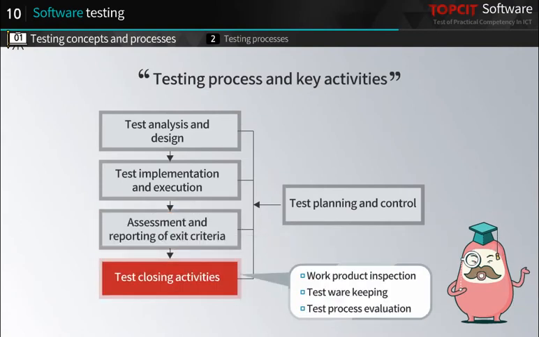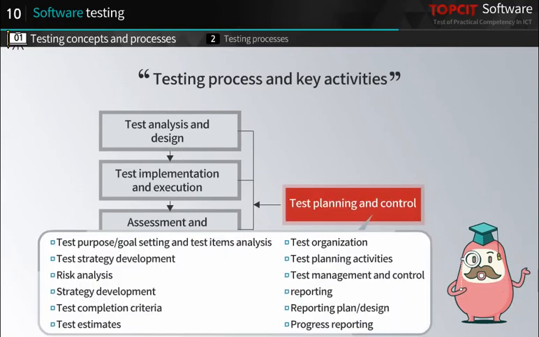At the end of the test activities, work production inspection, testware keeping, and test process evaluation are performed. Test planning and controls are performed for every phase. Therefore, testing strategy development, risk analysis, team organization, and reporting are performed.